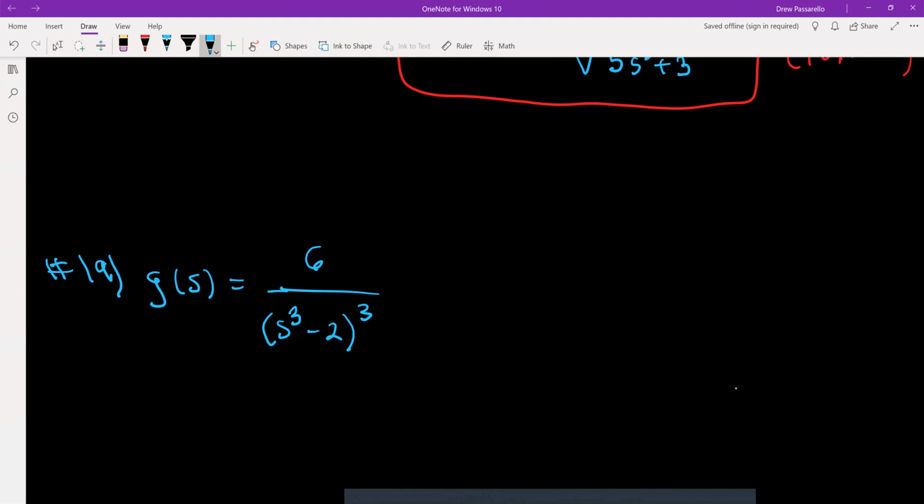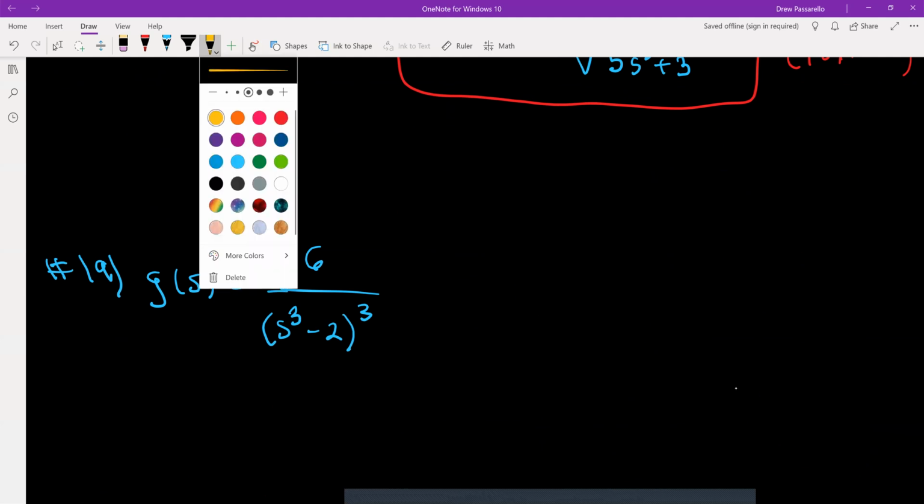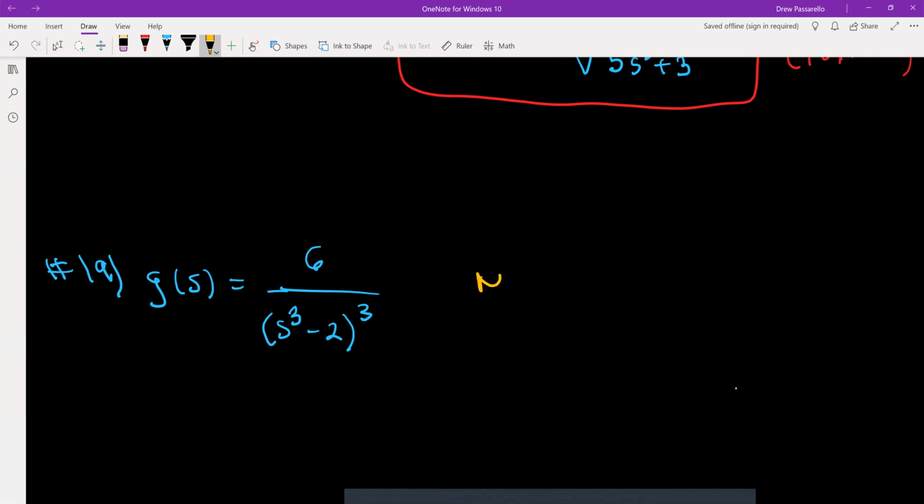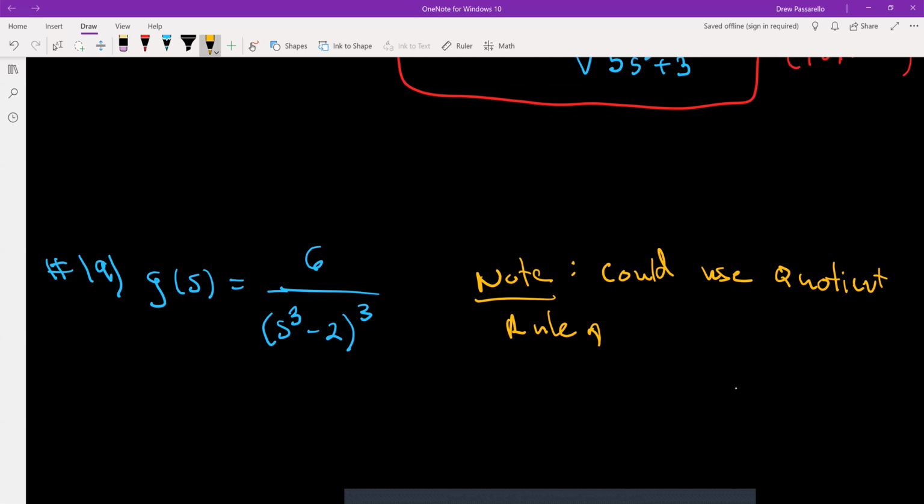All right, so this is the problem, and like I said, you could use the quotient rule since you have a fraction, but I'll show both methods so that way you can see what I'm talking about.